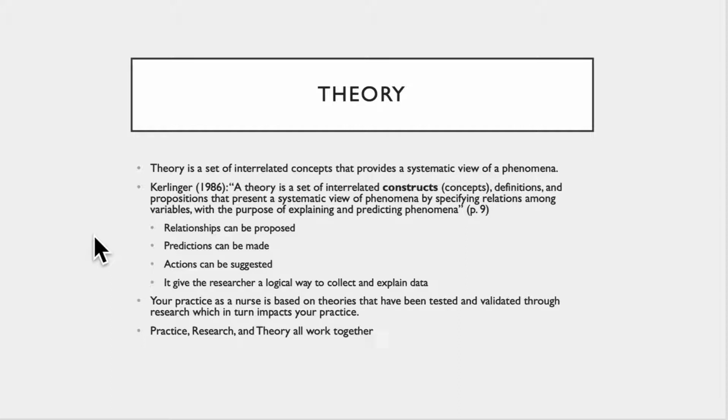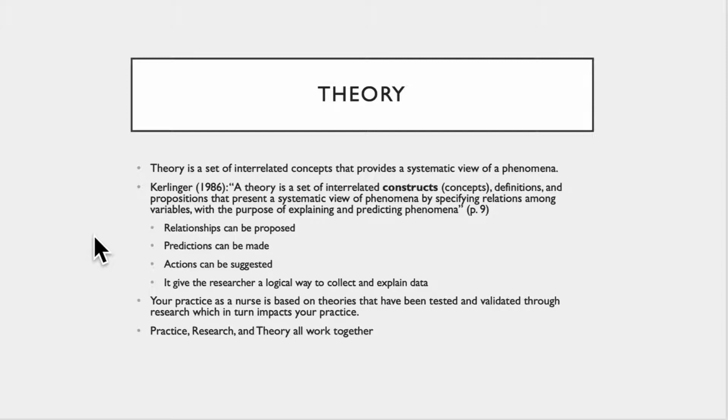Now, that is long and might be a little hard for some people to grasp without picturing it. So I'll try to picture it for you later. But for right now, think of it this way. Relationships can be proposed, and then predictions can be made.